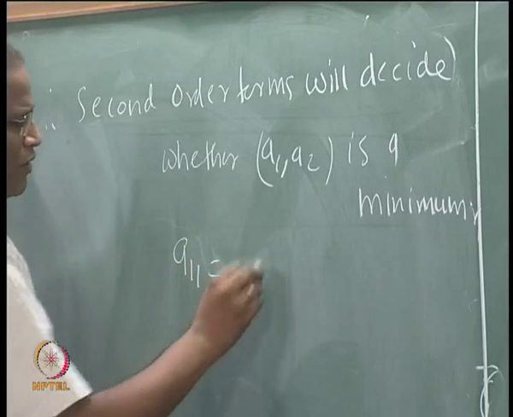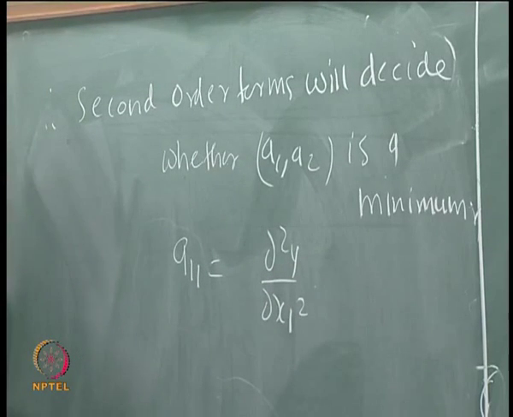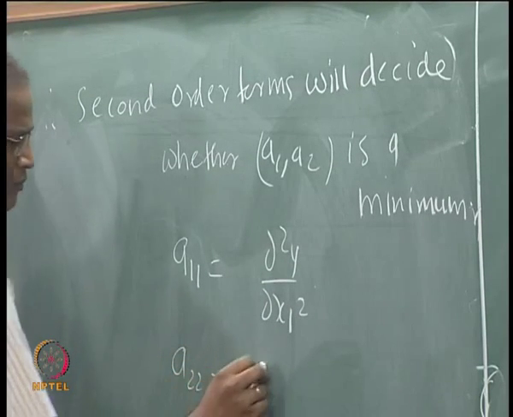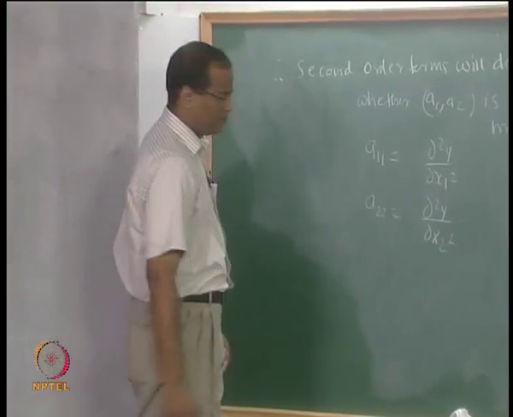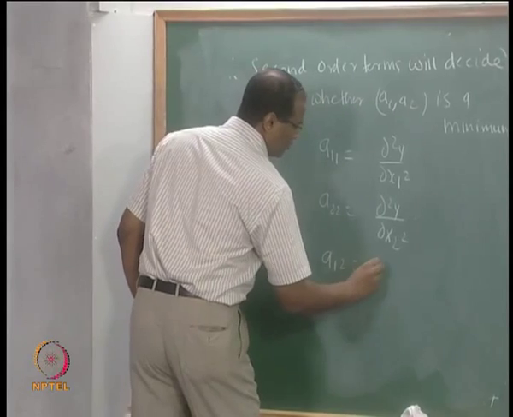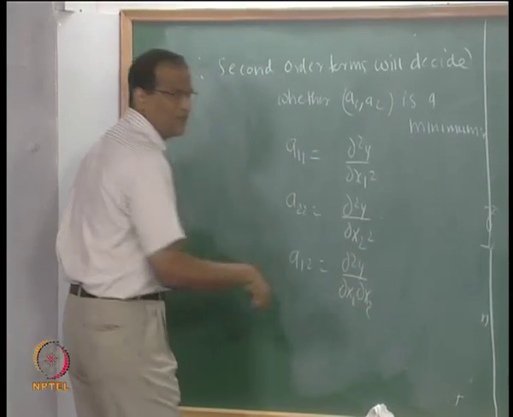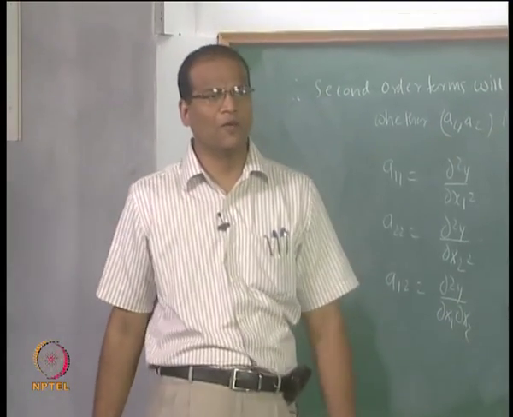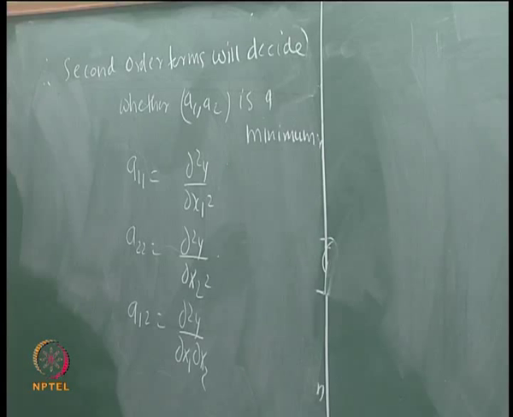A11 is dou squared y, A22, A12. The order of the differentiation does not matter. So dou squared y dou x1 dou x2 is the same as dou squared y dou x2 dou x1. Okay. So can you look at the second order terms now?